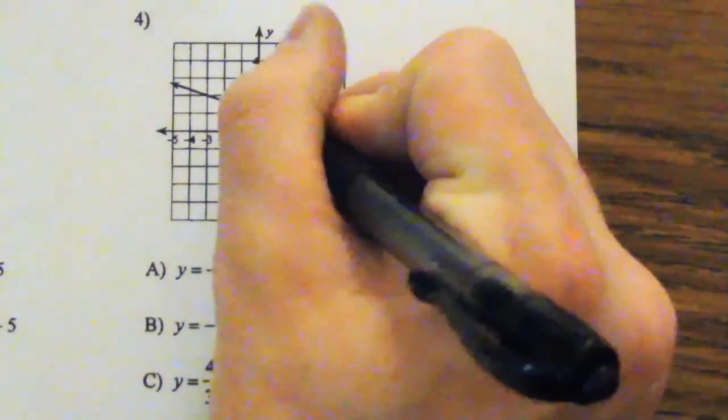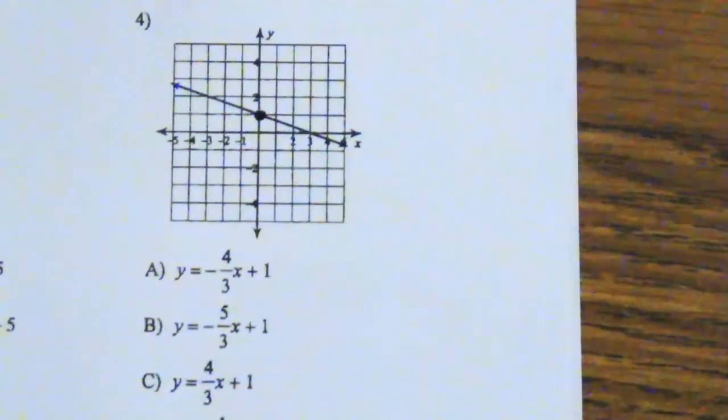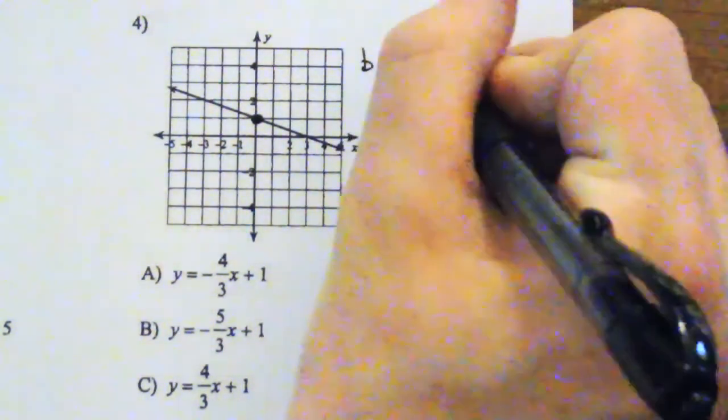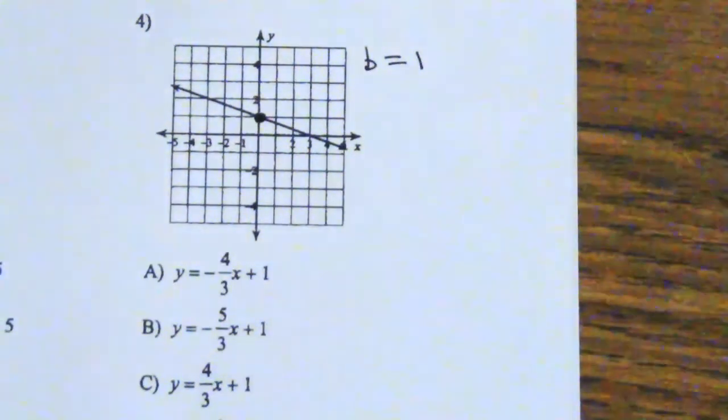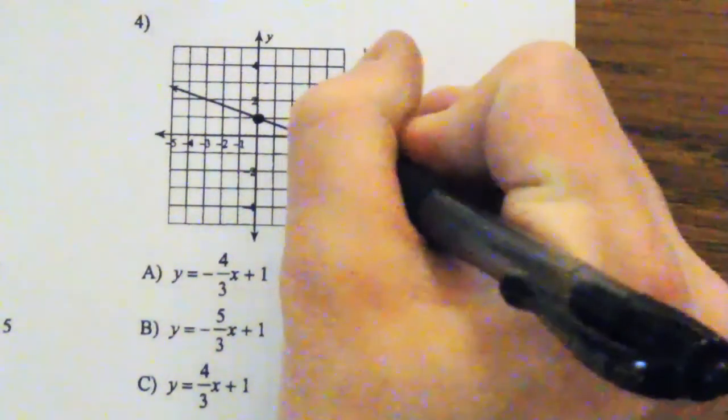Put a dot at 1. And we're going to write b equals 1. That's the y-intercept. What's another point that we can use? 3 on the x-axis. Good. So I'm going to put a dot right here at 3,0.